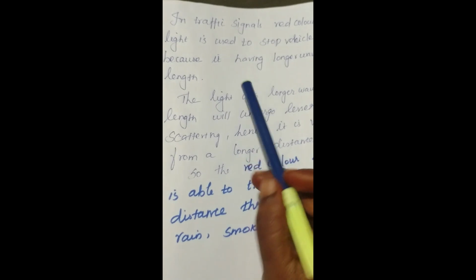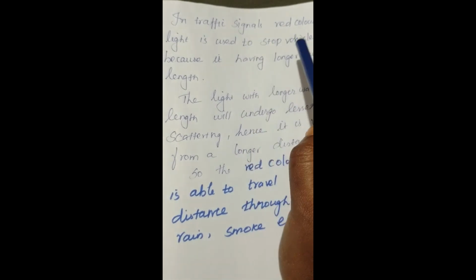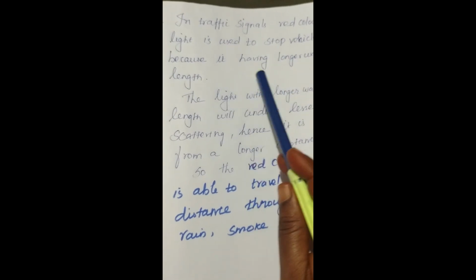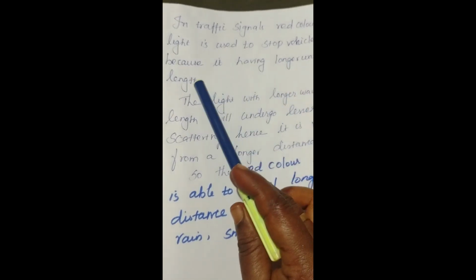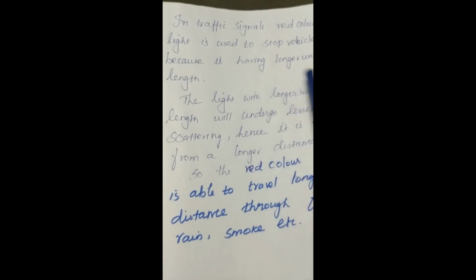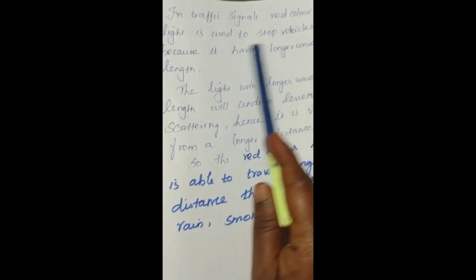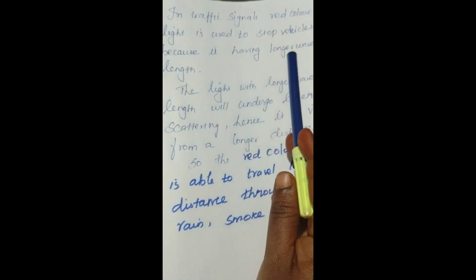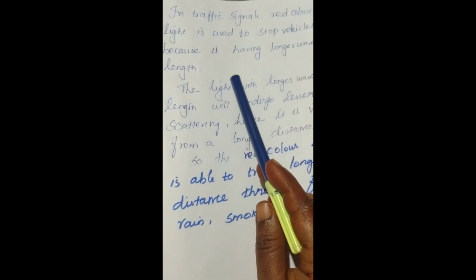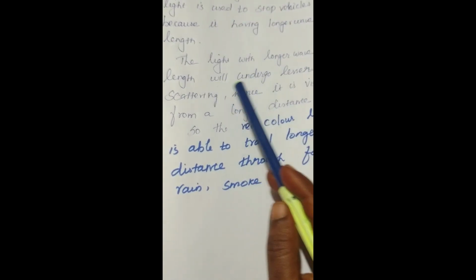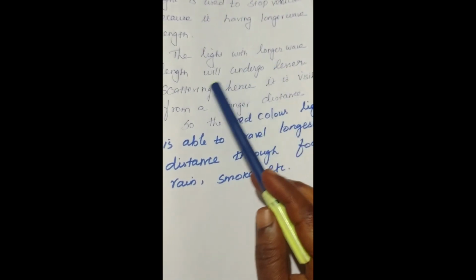Write down this answer. In traffic signals, red color light is used to stop vehicles because it having longer wavelength. Okay, this is the first point. Next paragraph, the light with longer wavelength will undergo lesser scattering.